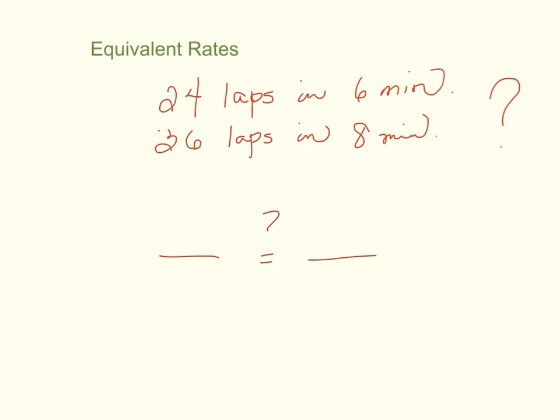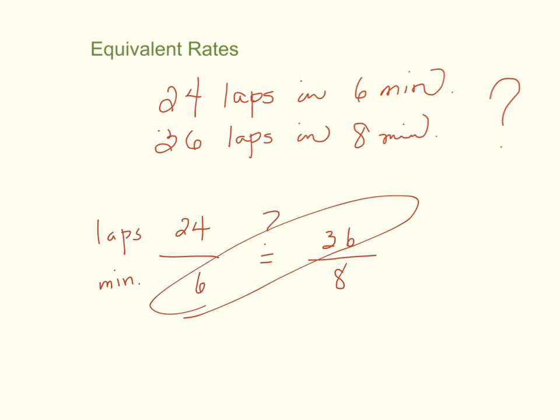We just don't know if they're equal. So let's go ahead, we'll put laps on top and we'll put time on the bottom, or vice versa, whichever way you like. So this would be 24, this would be 6, this would be 36, and this would be 8. Now remember we said cross multiply and divide. Well, we don't need to divide because we don't have a missing number, but we can cross multiply.